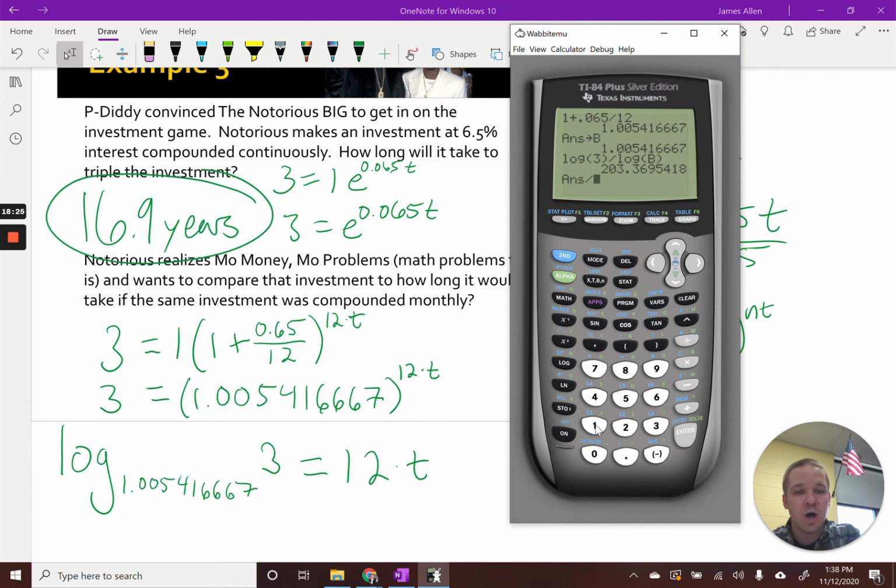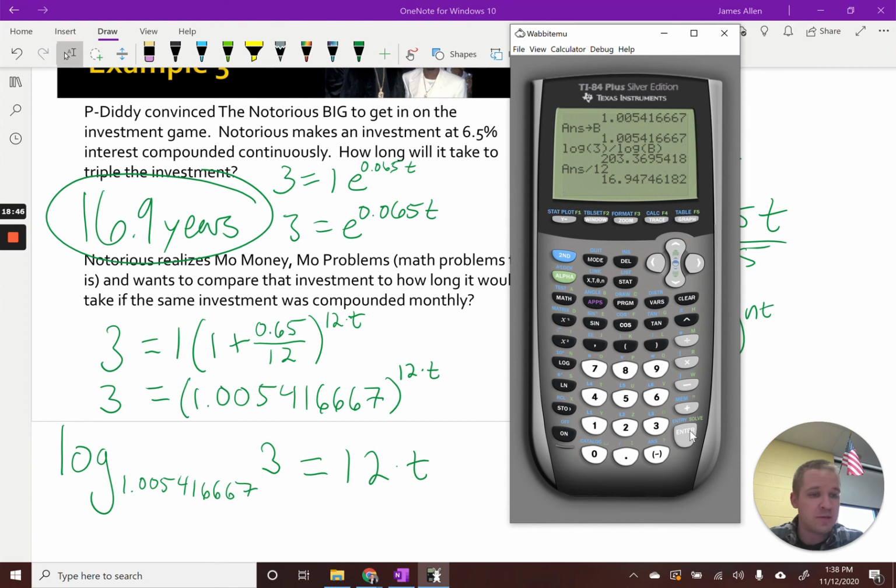And then I have to divide that by 12, as we said, to finish solving for t. And what do I get? 16.94 years, which is a little bit more than the previous one. It was like 16.90 something years. So it is going to take a little bit longer when it's monthly, okay?